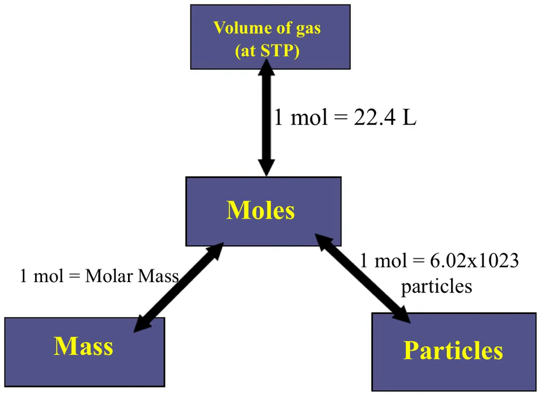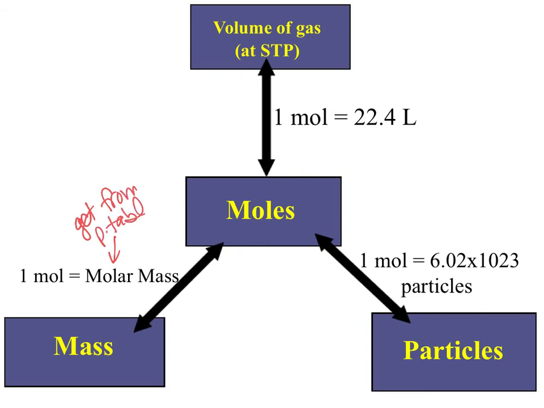So if I'm giving you moles and I'm asking you to convert it into how much space that gas will take up, you need to multiply by this conversion factor. Same thing, moles to particles. We are going to be using this conversion factor. And if you're going from moles to mass or mass to moles, we just need to add up the mass. Again, we get this from the periodic table.